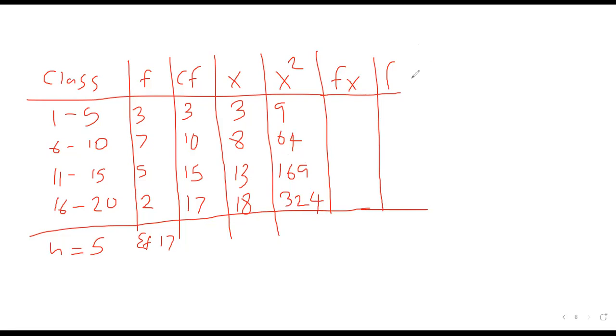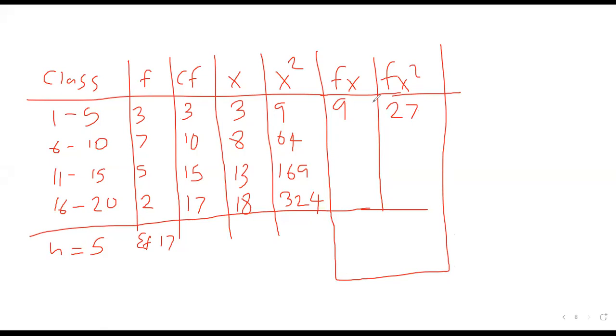Then finally you go to the last 2 columns. Fx: multiplying this column and that column. So 3 times 3 is 9. Fx squared, you start again: 3 times 9, 27. The mistake most students make is to square this one to get that.